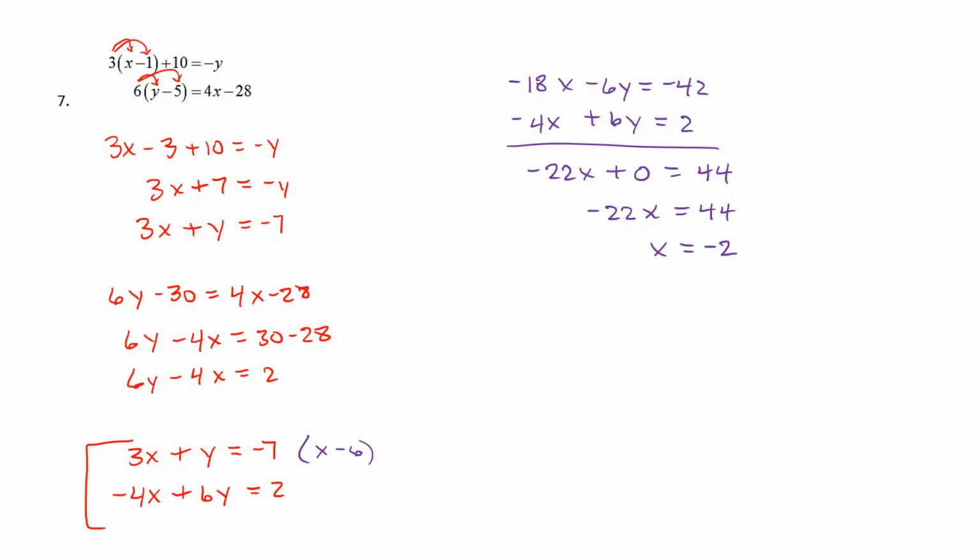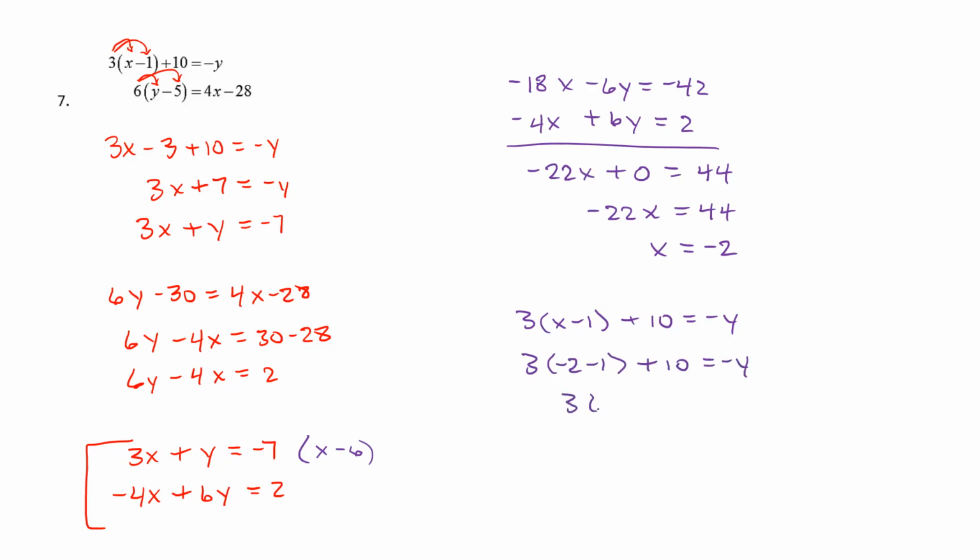Okay. So now we will substitute in x equals negative 2 into one of the original equations, and I'm going to choose the first one. So let's rewrite that down. So when I substitute in -2, I can then simplify.